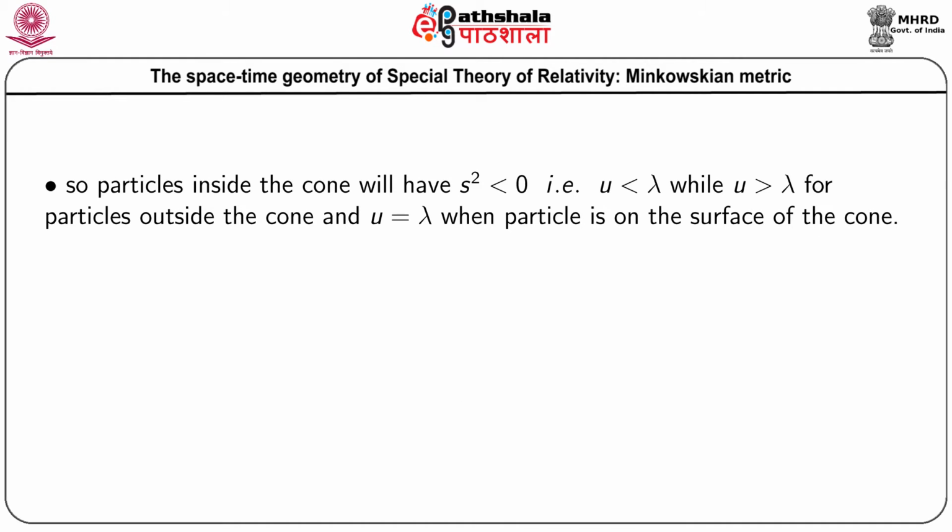Now, the particles inside the cone will have s square less than 0, that is, u less than lambda, and u is greater than lambda for particles outside the cone, and u equals lambda when the particle is on the surface of the cone.